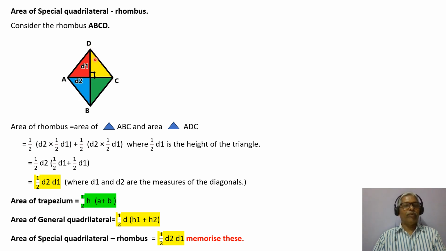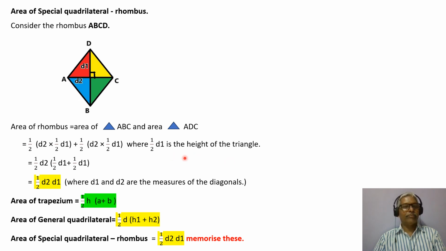Okay, we have taken advantage of this, so area of this will be half into d2 into half d1. Okay, plus area of this ADC is half d2 into another half d1. Okay, very simple, very interesting, where half d1 is the height of the triangle.